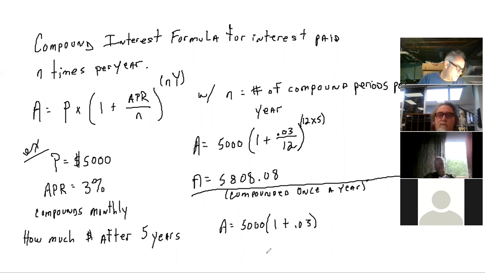Well, that comes out to $5,796.37. And so what we can see is, for sure, the more you compound, the more money you're going to earn.